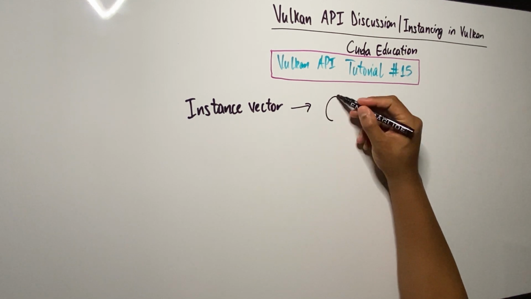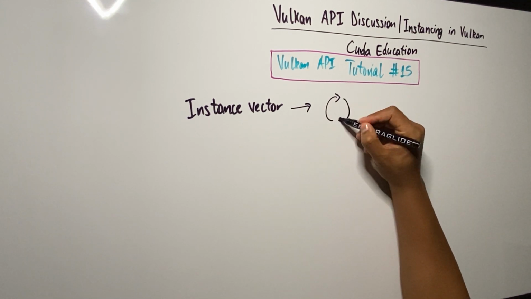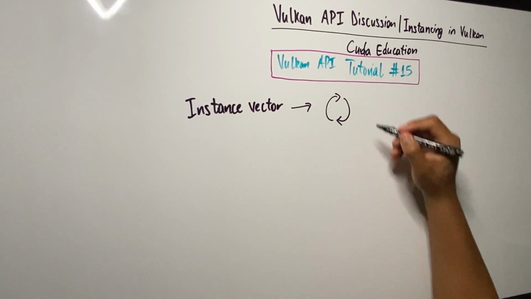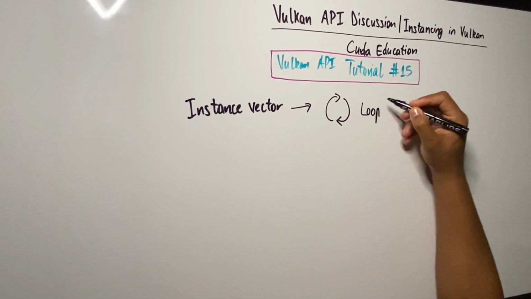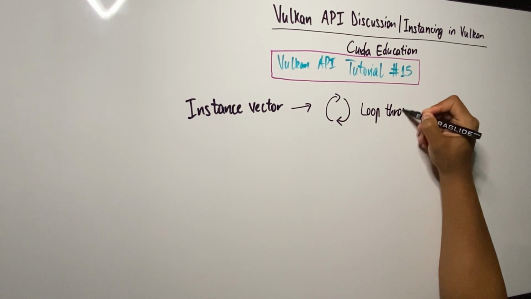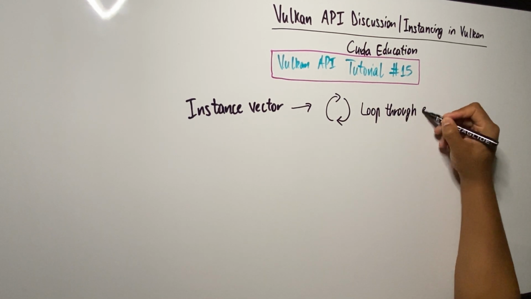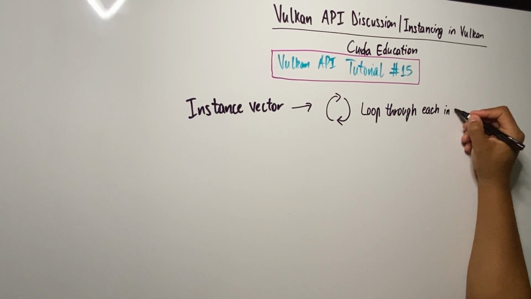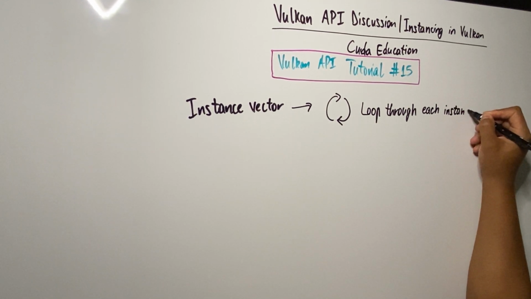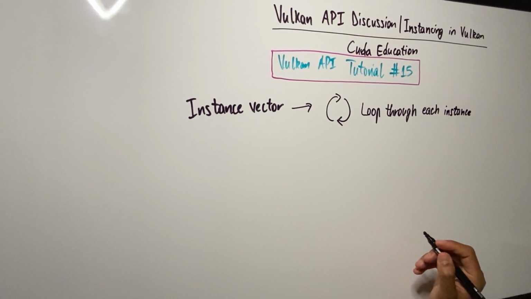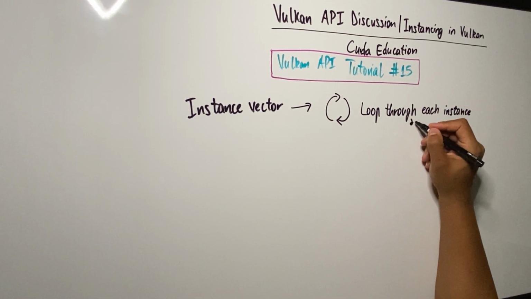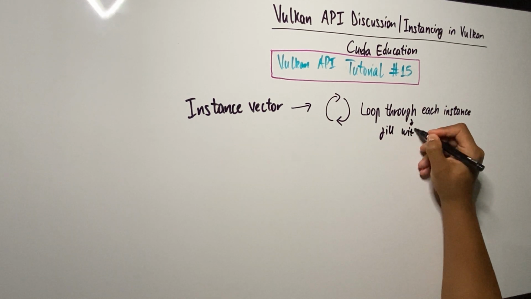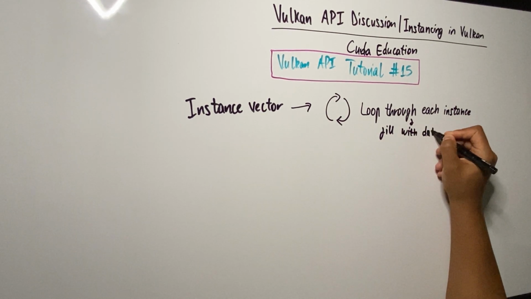And then what you do is you loop through each instance in the vector, of course, and fill it with data.